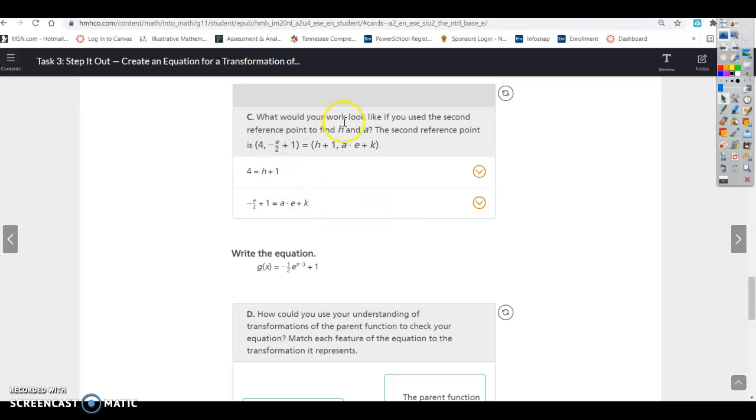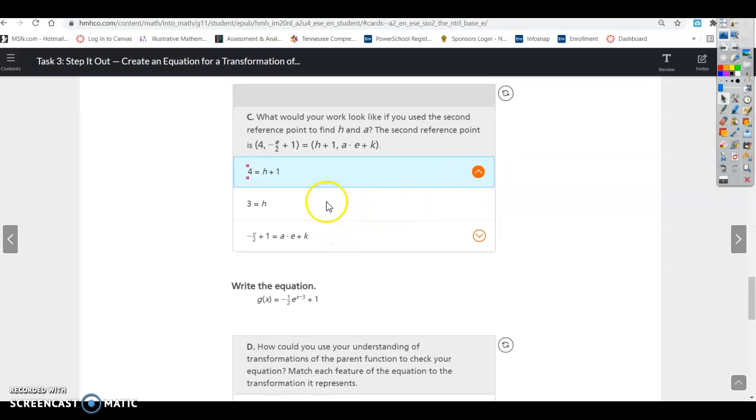All right, what would your work look like if you used the second reference point to find h and a? The second reference point is, all right, so this is what you have given. So we're going to do 4 equals h plus 1. So subtract 1 from both sides, h equals 3. And then you're going to let negative e over 2 plus 1 equal a times e plus k.